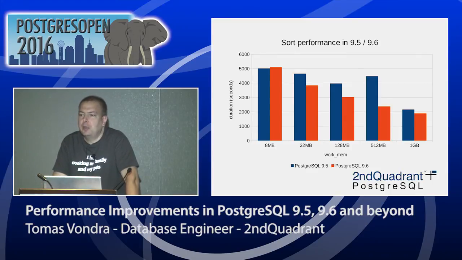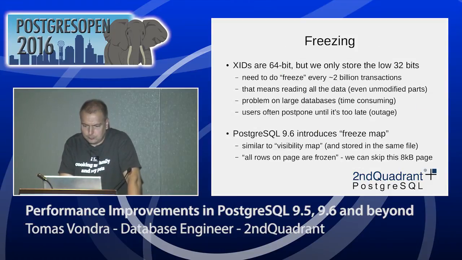And I'm pretty sure Peter Geoghegan has a few things up his sleeve regarding sorts, so at least based on his posts to hackers, I wouldn't be surprised if we get another 10 to 20% improvement in 10.0. Freezing.